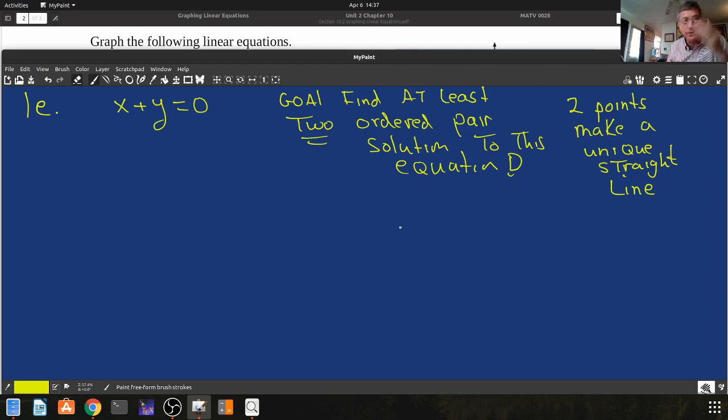So we have choices. And whenever a mathematician is given a choice, we go hog wild with it. We go crazy. We choose the easiest things that we can. Sometimes that choice, the easiest thing, won't always work. But in this case, and in most cases, it will.